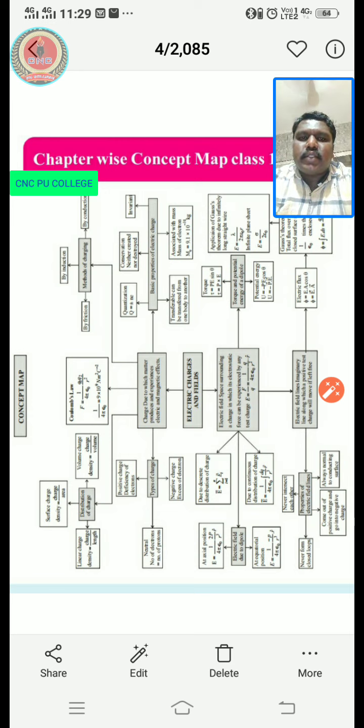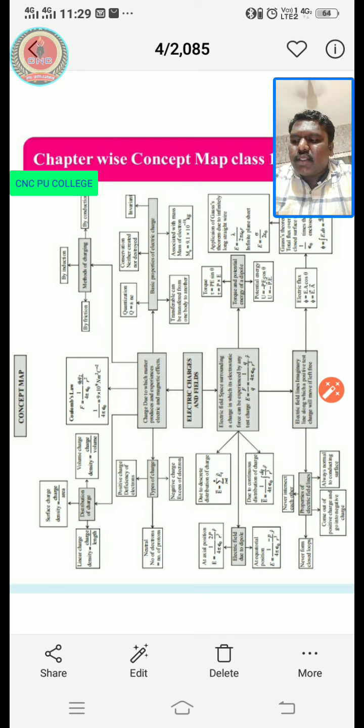And the third application of Gauss law, that is field due to a uniformly charged spherical shell, where we have three cases. The first case, field outside the shell, where we have the expression E is equal to 1 by 4 pi epsilon naught q upon r square.